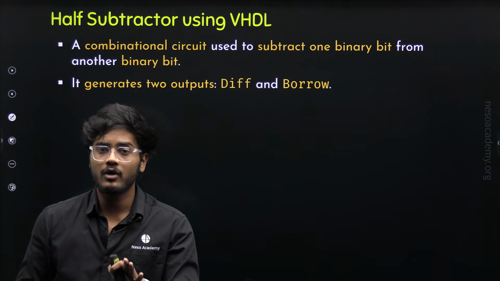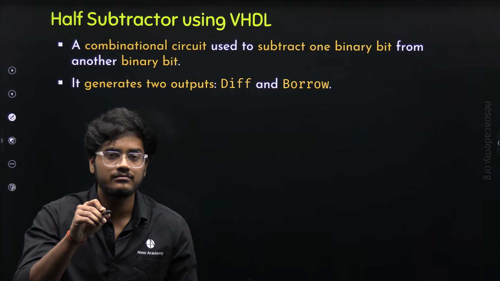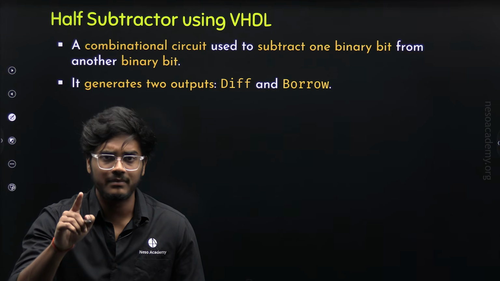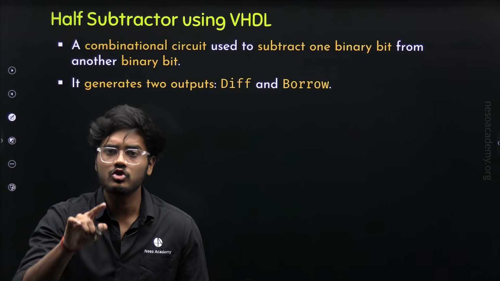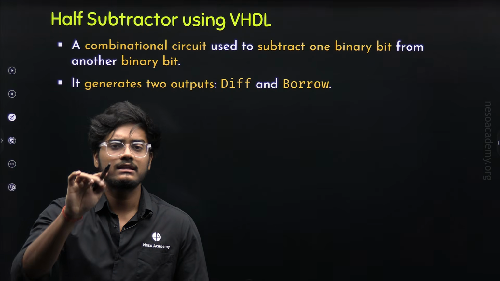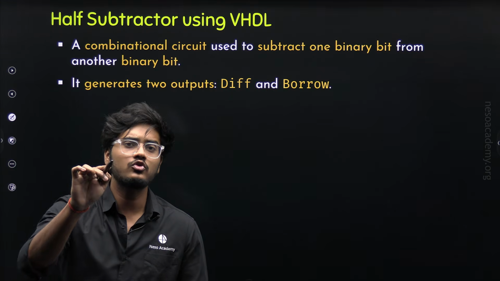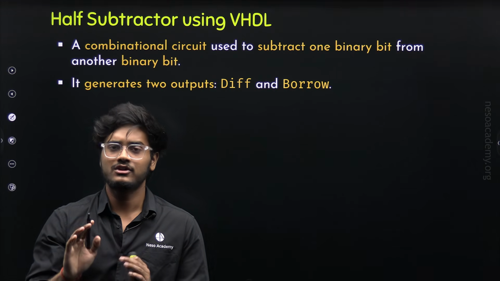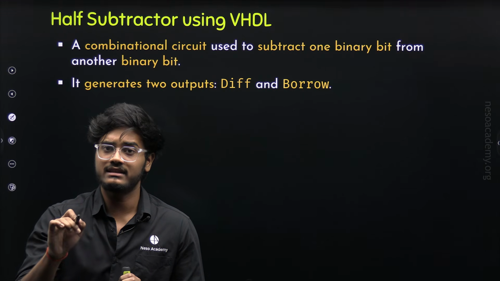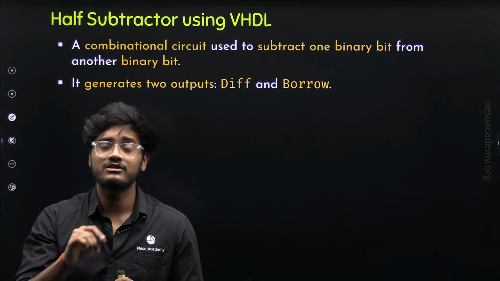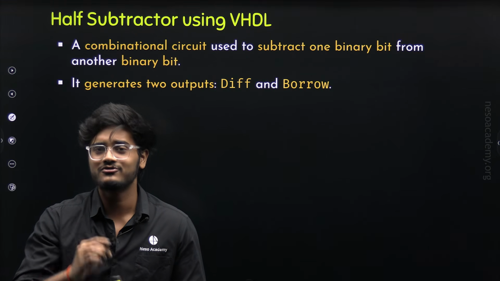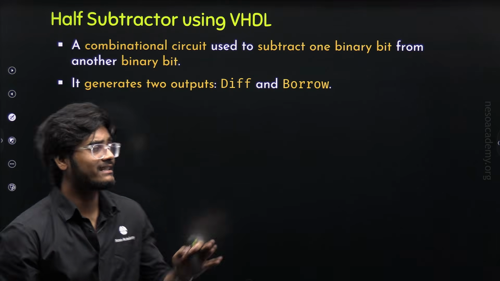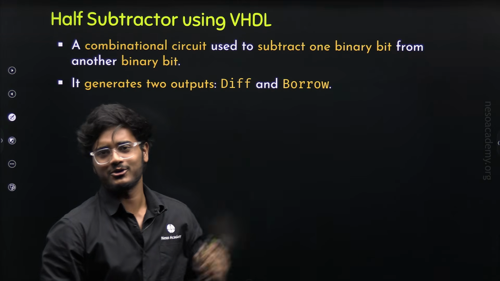Now, after taking borrow, this 0 will become 1, 0. Now, 1, 0 in binary is equal to 2 in decimal. So, this subtraction will be 2 minus 1 and the output will be 1. So, here the difference is equal to 1 and also the borrow is equal to 1. So, I hope you understand what are difference and borrow.